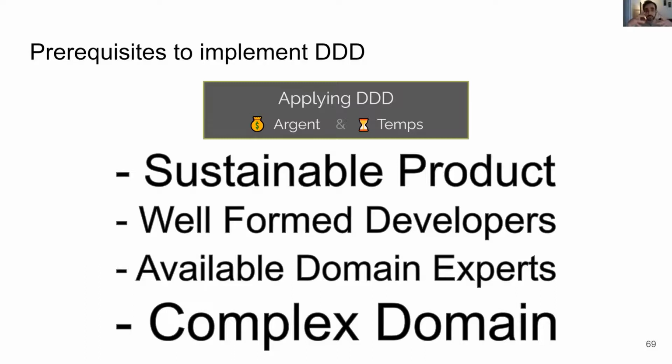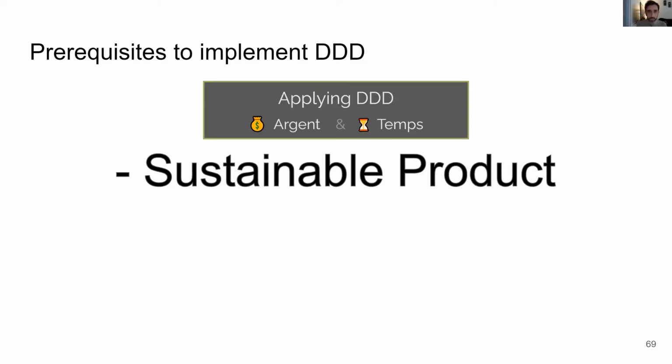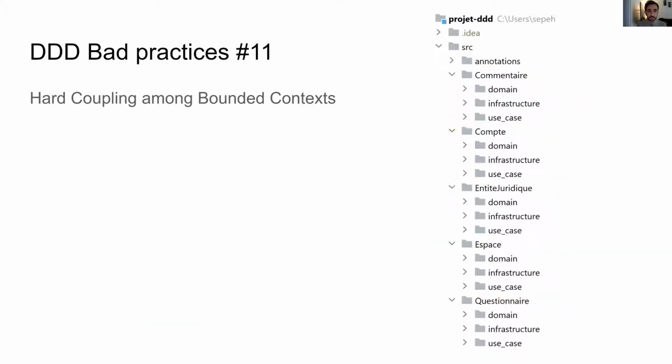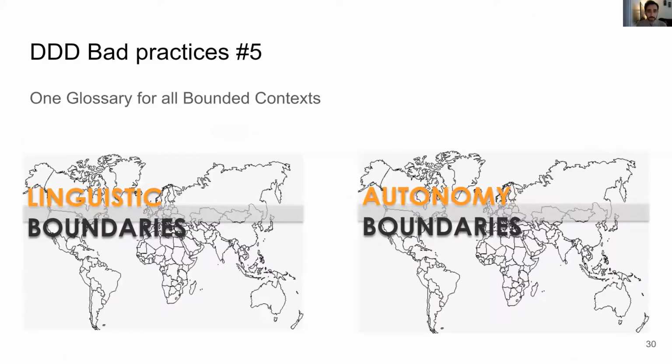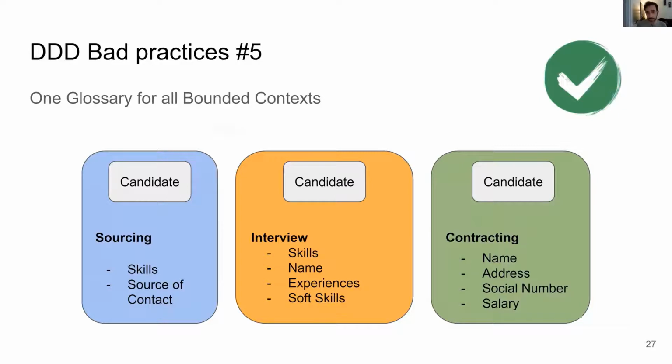This is a part of code that is shared between these two bounded contexts. It could be a big, complex system. It could also be a small part of code. For example, I will show you the candidate again. It could be just an object, for example, candidate, which is shared between different bounded contexts. The size is not really important. Did I respond to your question?